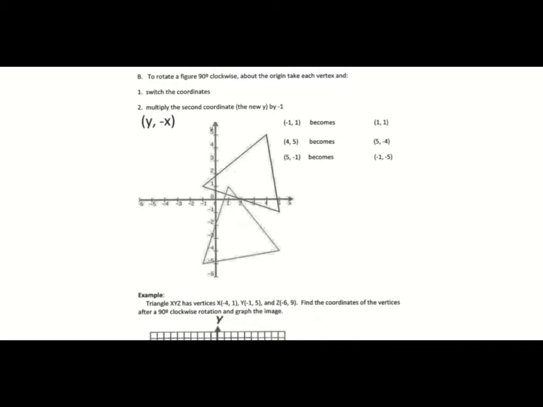So if we look at this example, -1, 1 becomes 1, 1 without that negative. So we switched our numbers and we took away that negative on the second number. Again, for 4, 5, switch our numbers, multiply our second one by -1. That is how we get our new points for the 90-degree clockwise turn.